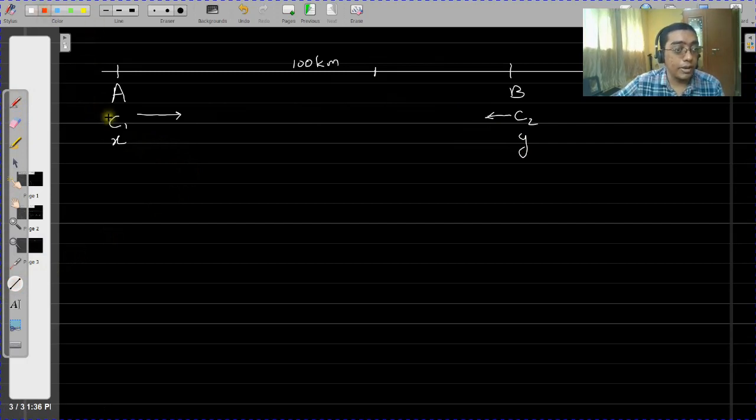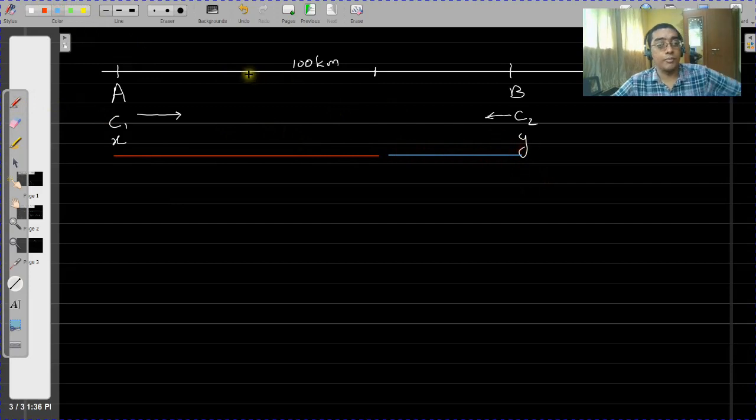So I take the red pen. Car 1 reaches the meeting point within 1 hour, and car 2 reaches the meeting point in 1 hour. Definitely, since x is greater than y, that is car 1 is faster than car 2, car 1 will travel a greater distance.